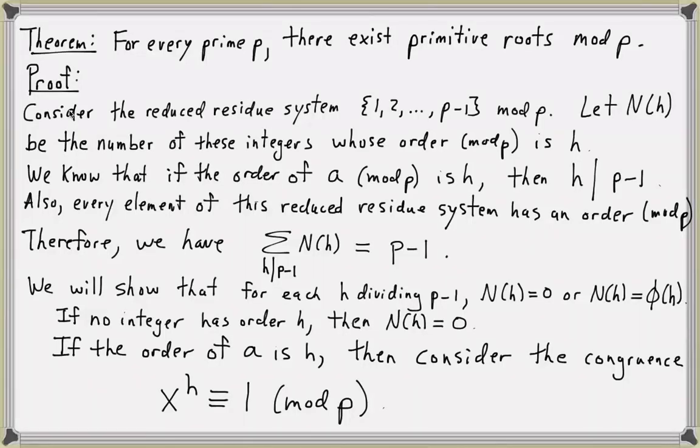So this is a polynomial congruence, and although we haven't shown it yet, we will prove in later lectures that a polynomial congruence of degree h can have at most h mutually incongruent solutions.